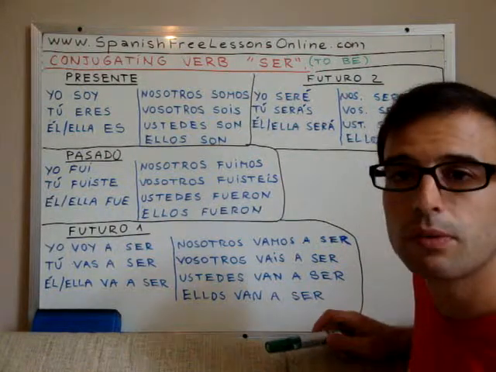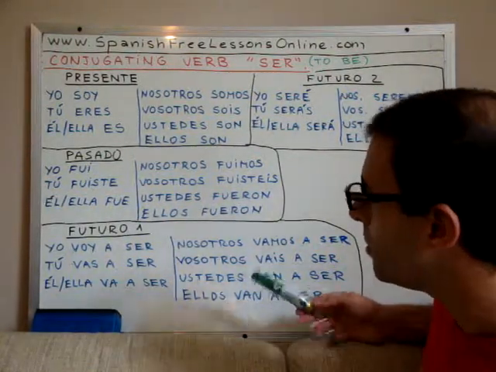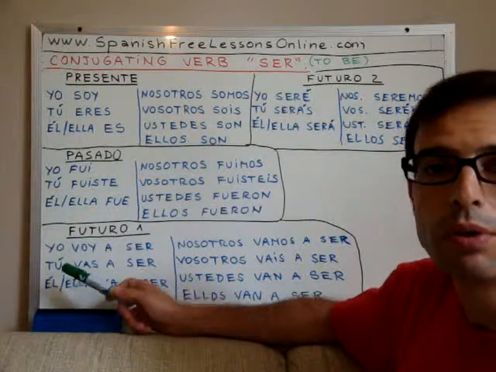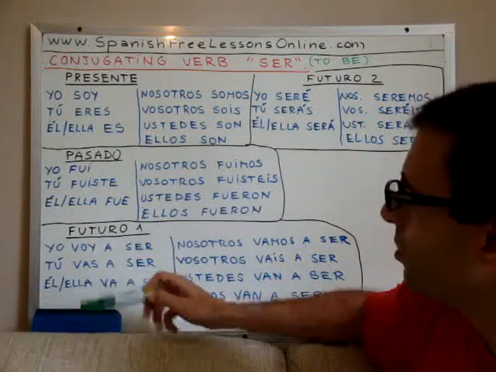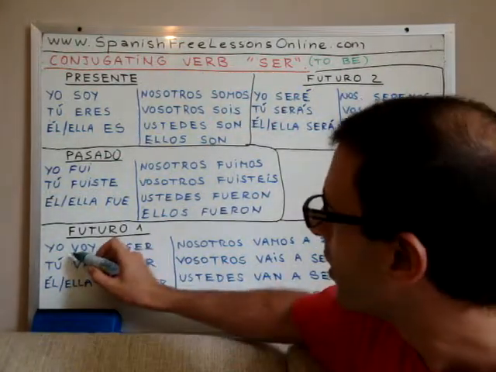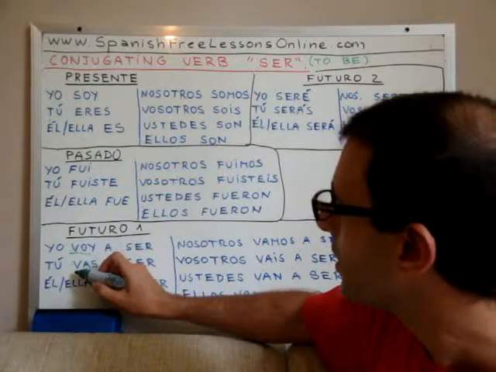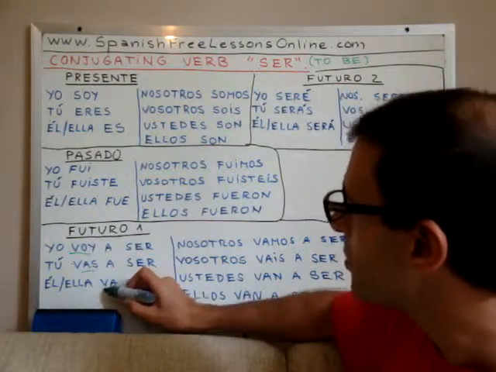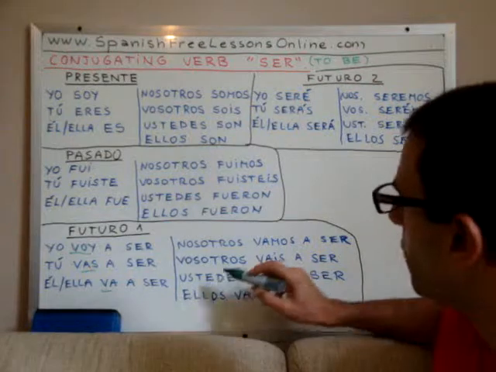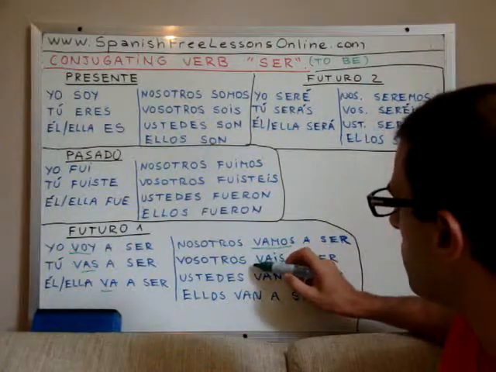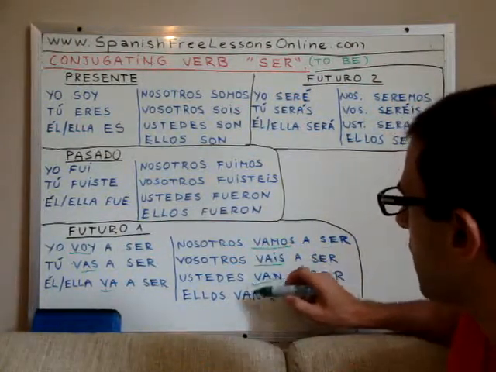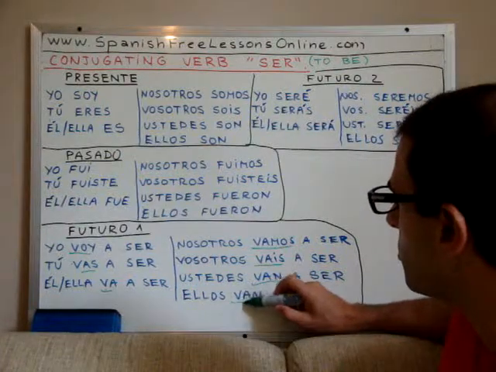This is the simple way, the one I taught you, because this one is very similar to the English future, right? Because we use an auxiliary verb, same as in English, you use the verb will, to build the future, and then you use a verb in infinitive.